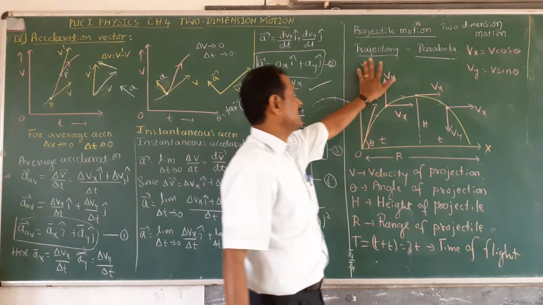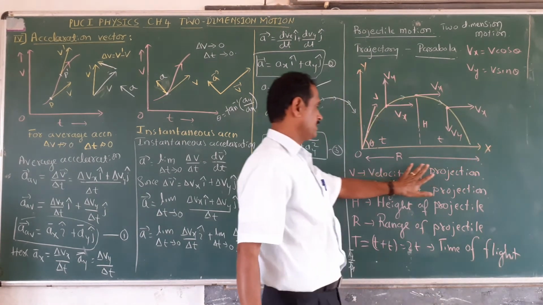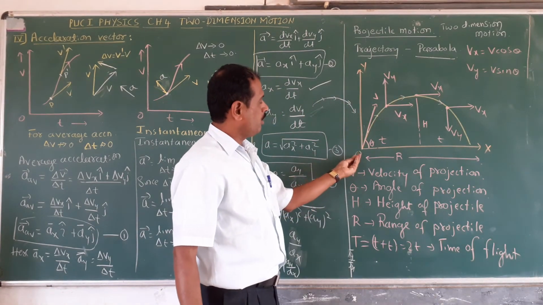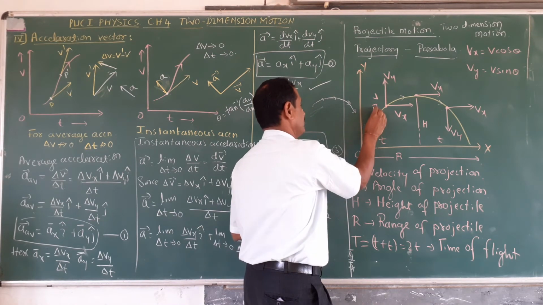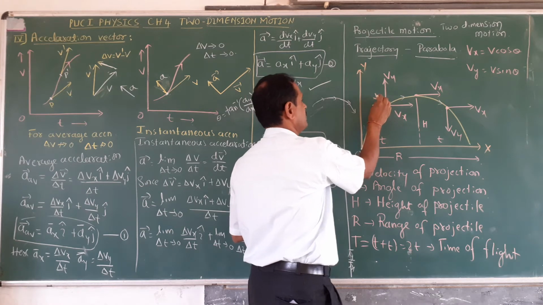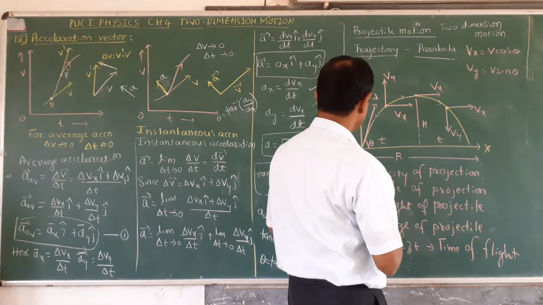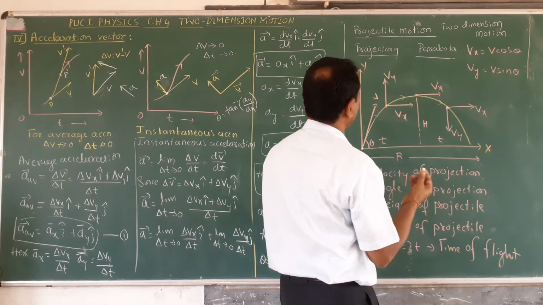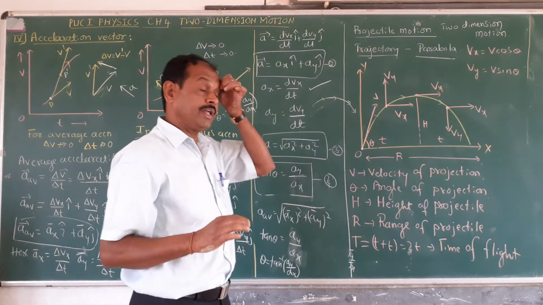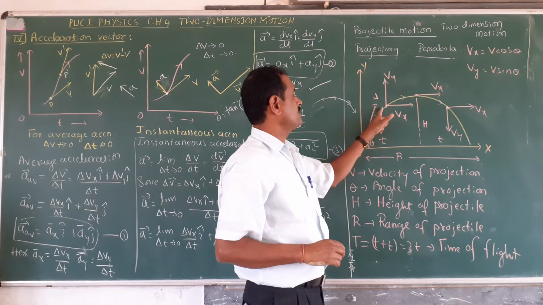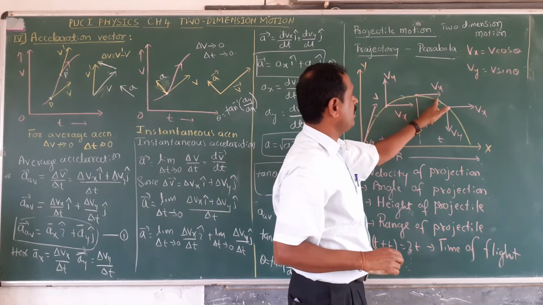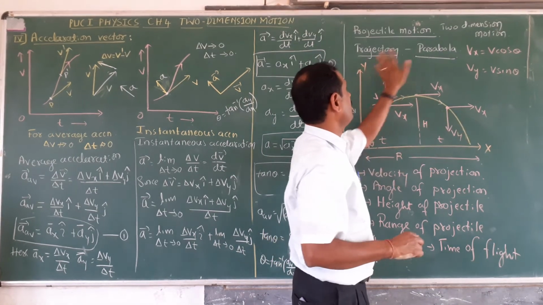It is in the xy plane. Now the body is projected at this point, in this direction, with a certain velocity, or you can say v or u, whatever you want to take. Now it is moving in this direction in a parabola shape in the xy plane.